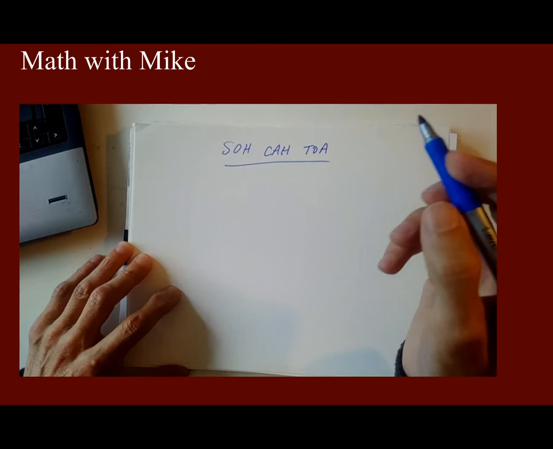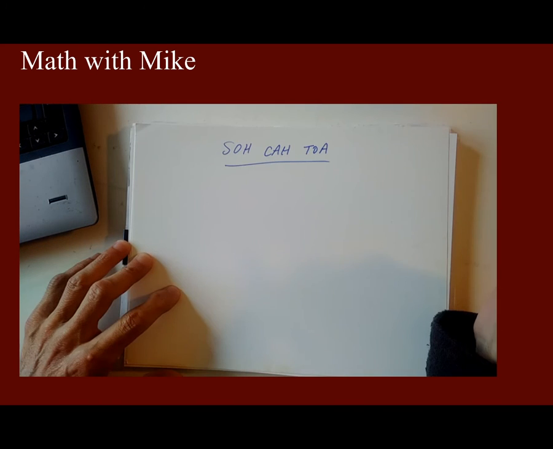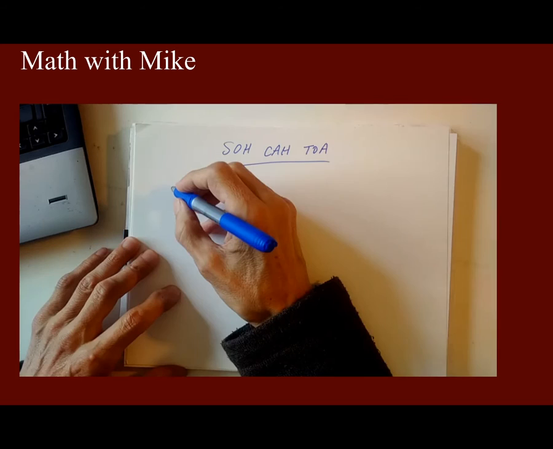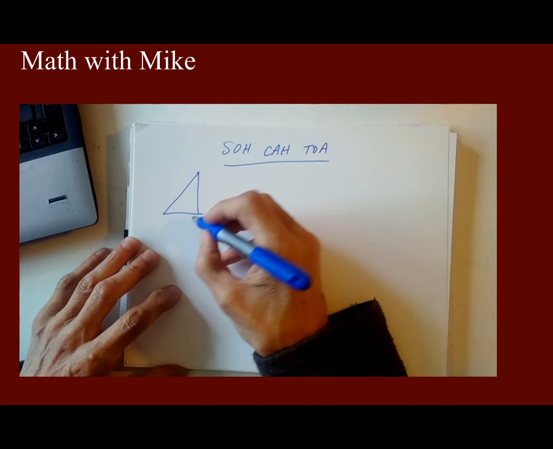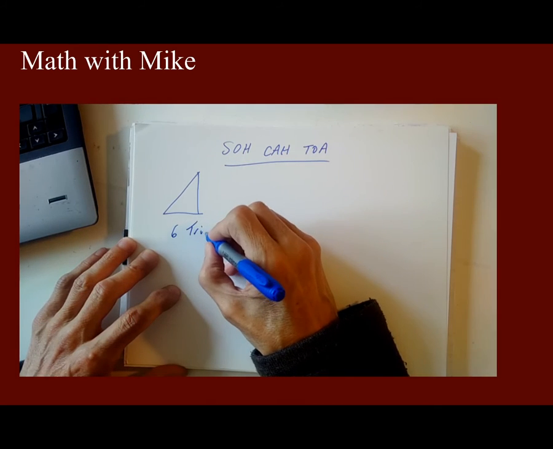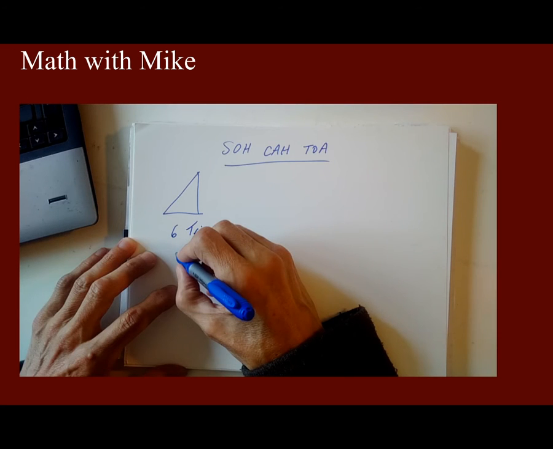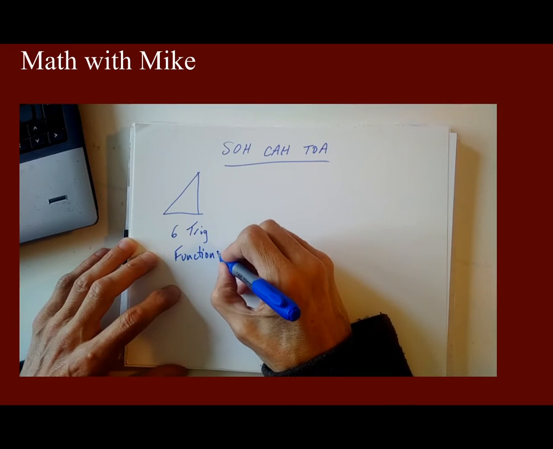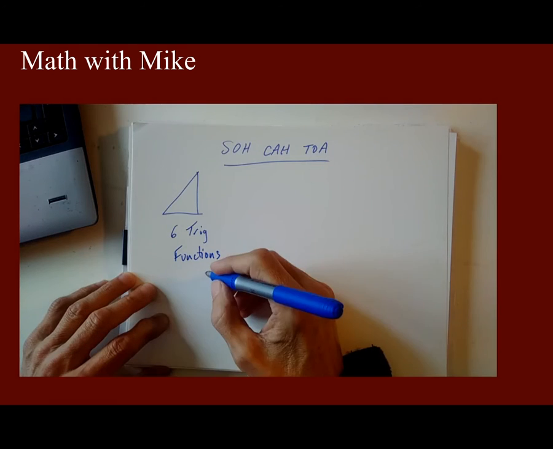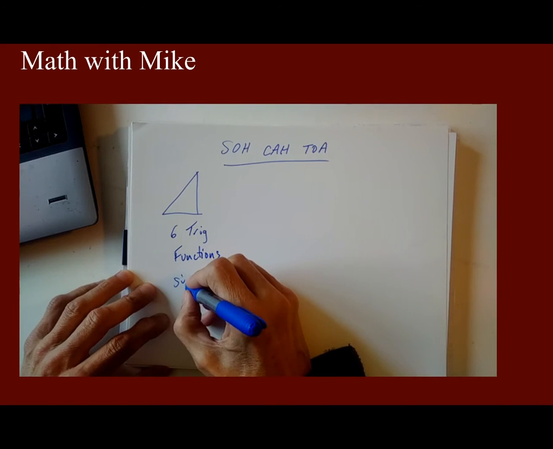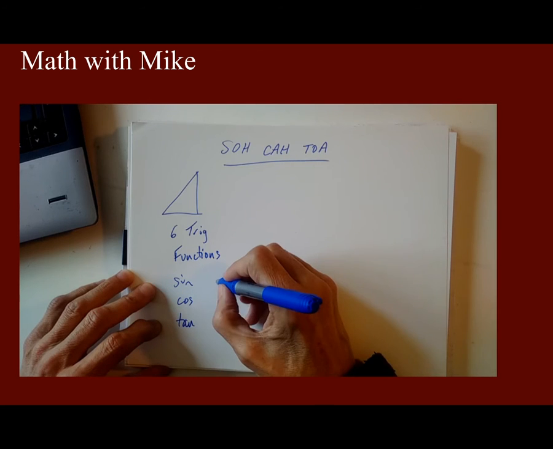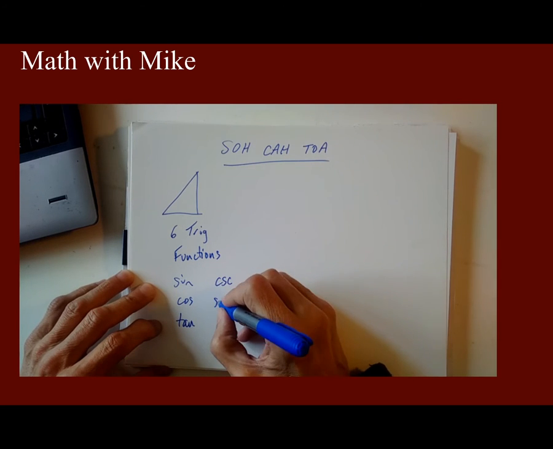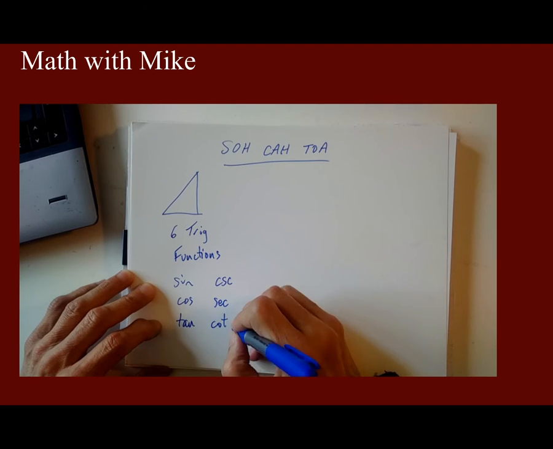So, what I'd like to remind you is that we get from each triangle six trig functions. And we listed them the other day, or in the earlier video. We had sine, cosine, tangent, and then we had cosecant, secant, and cotangent.